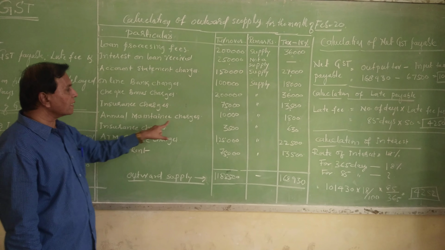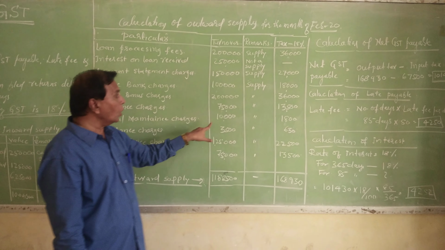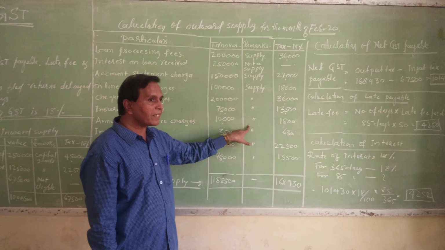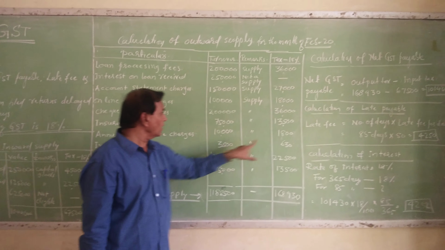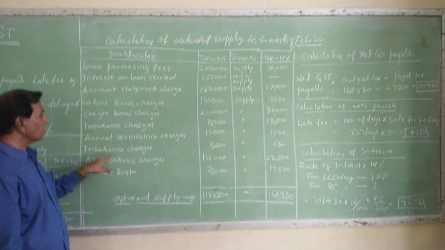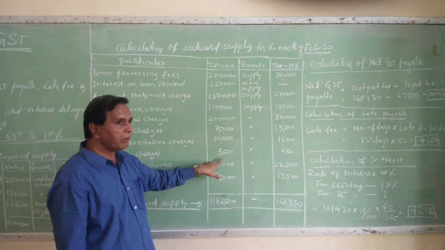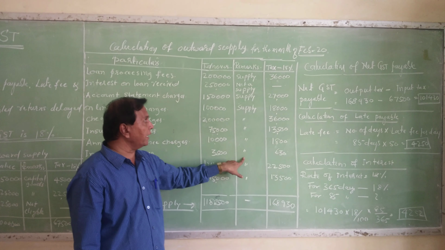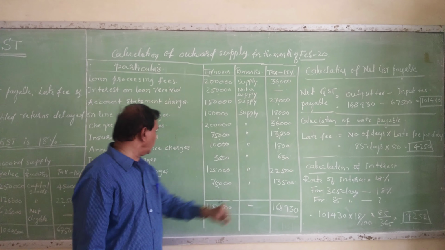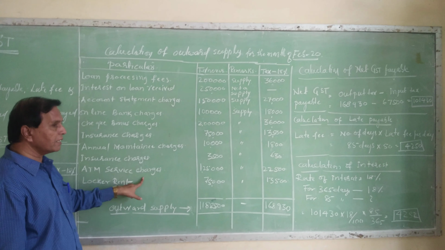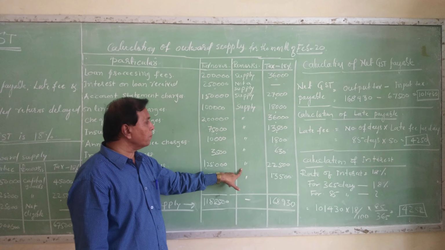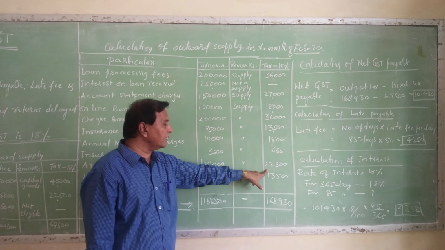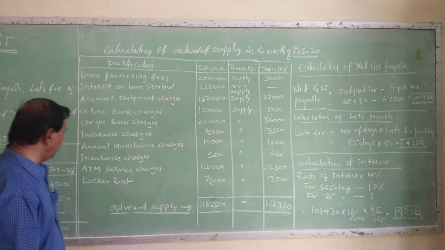And annual maintenance fees on 10,000, it is also known as supply, and 18% is charged as the tax on 10,000. Insurance charges 3,500, it is also known as supply, 18%, 630. ATM service charges 1,25,000, it is known as a supply, 18% GST, 22,500.